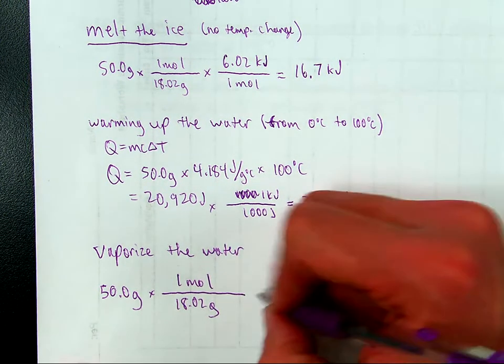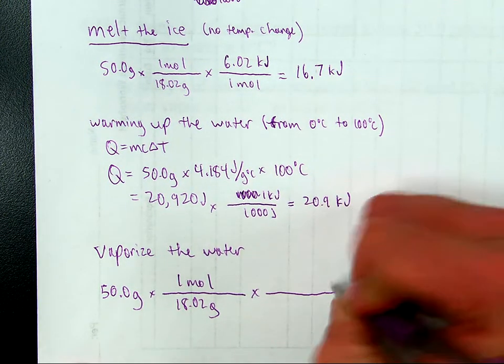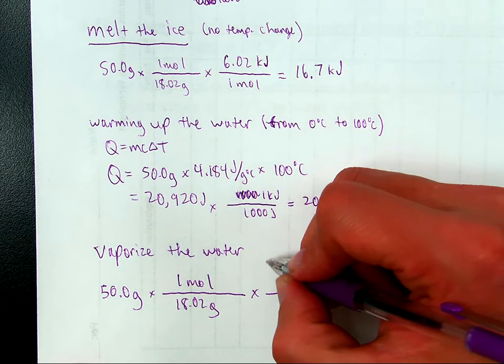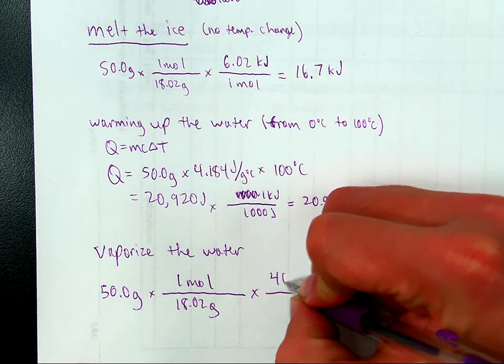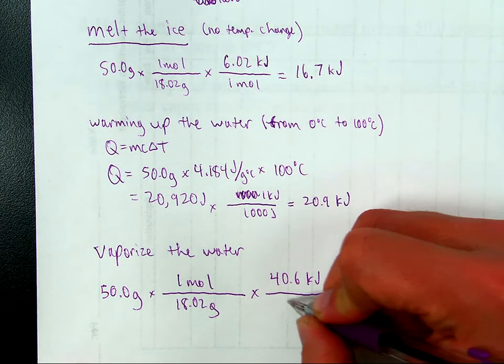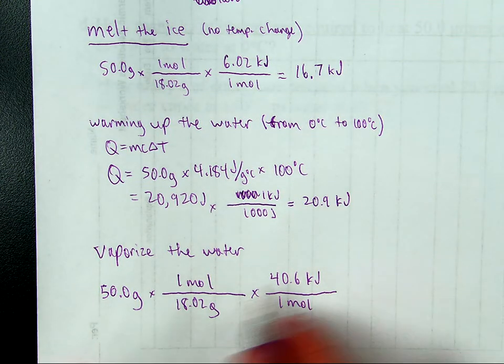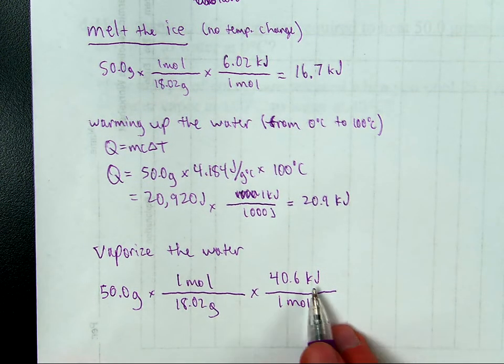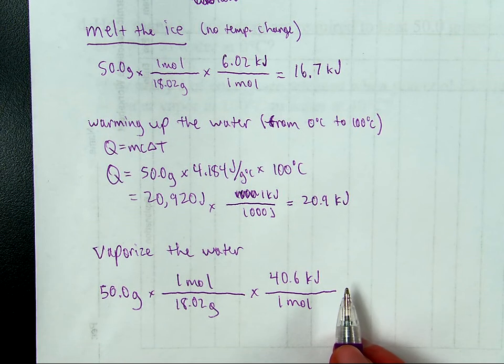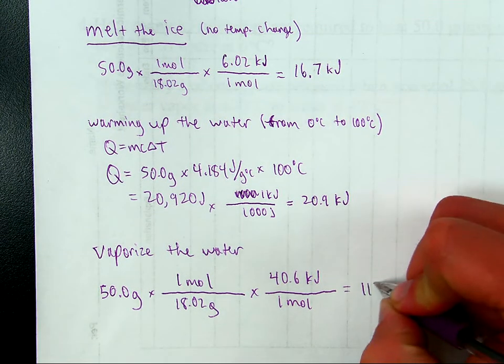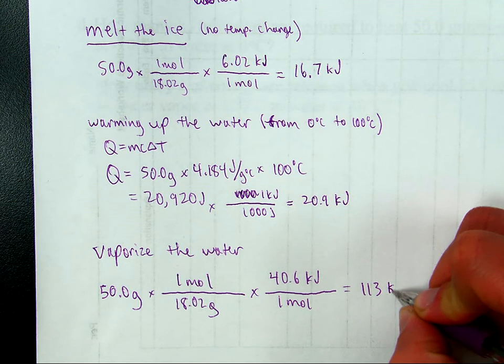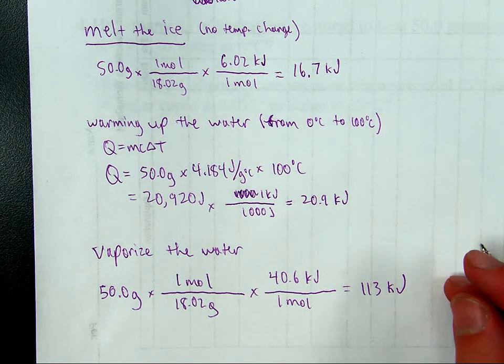That's the molar mass of water. And then if you're going to vaporize the water, you got the 40.6 kilojoules per mole energy requirement. So grams cancel grams, moles cancel moles. When you calculate that out, you're going to get about 113 kilojoules energy to evaporate that 50 grams of water.